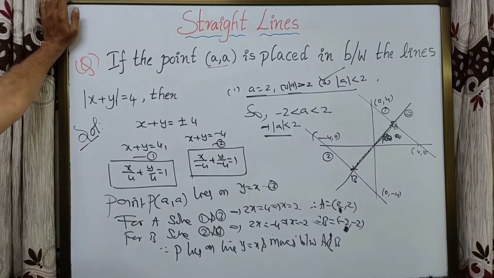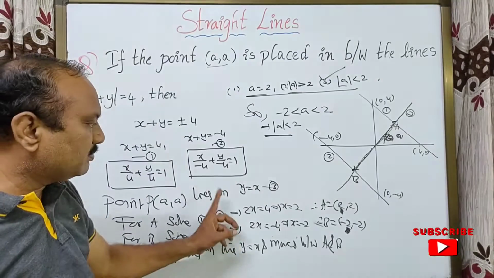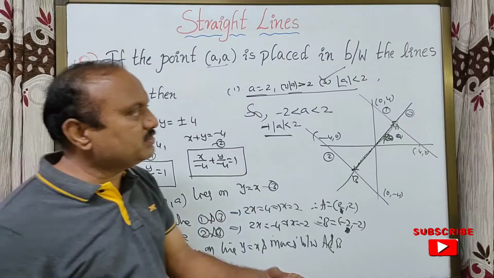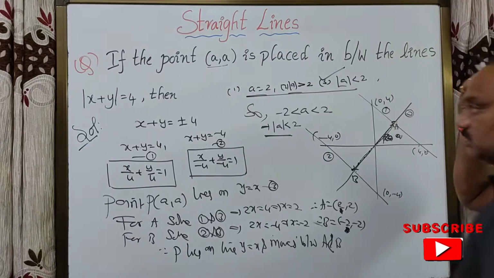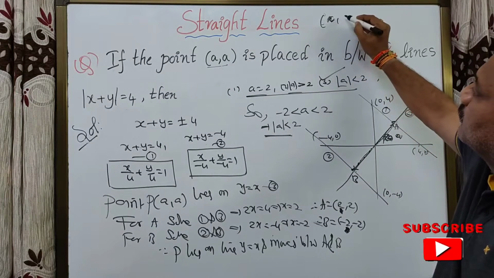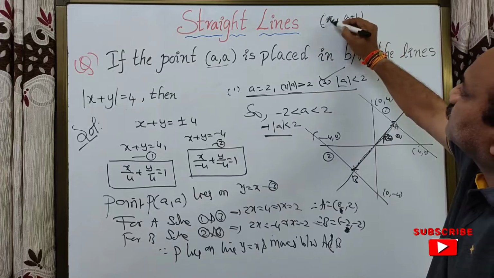Understand, students? Now here (a, a) lies on y equals x. Now tell me, students, I will give one point: (a, a+1) lies on what curve?